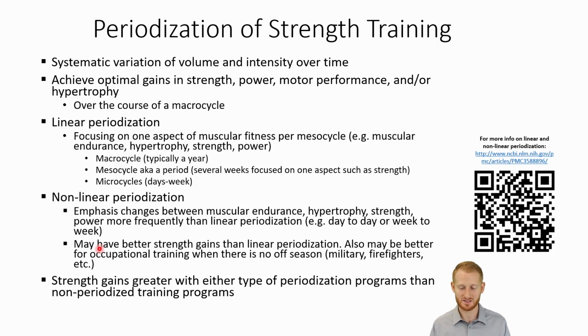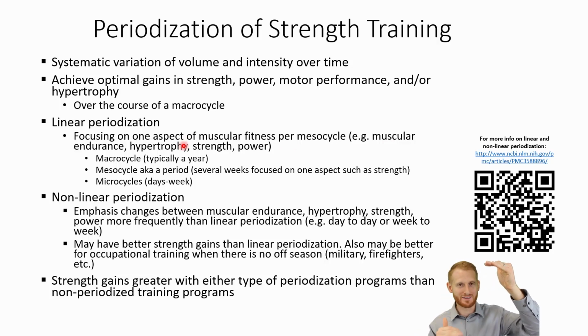And the benefit to this is that you don't switch so much. So with the linear periodization programs, you're really good at muscular endurance, and then you switch to hypertrophy, and your muscular endurance kind of wanes a little bit while your muscular hypertrophy is getting better.